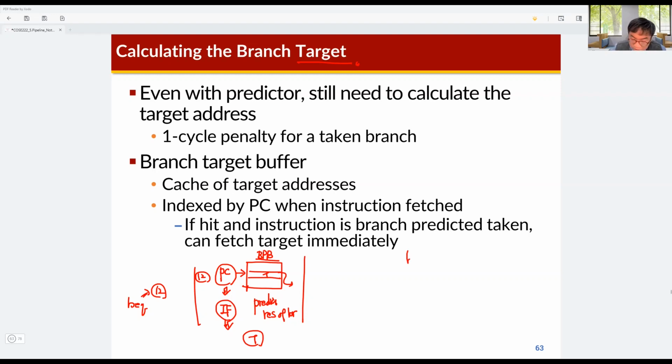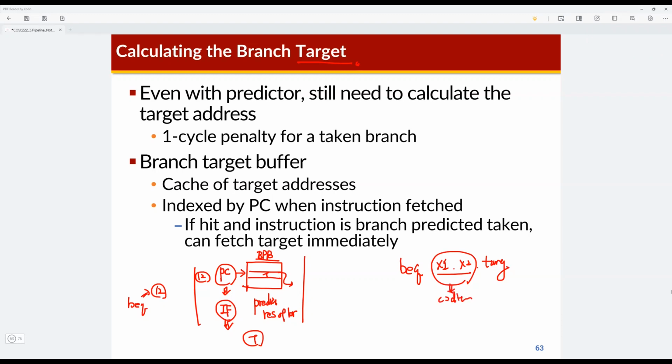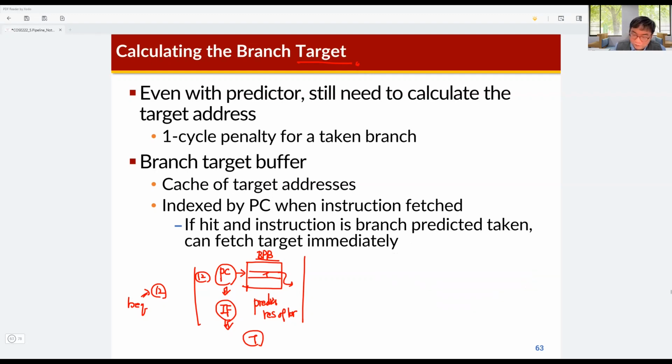The branch instruction is composed of a condition and a target.